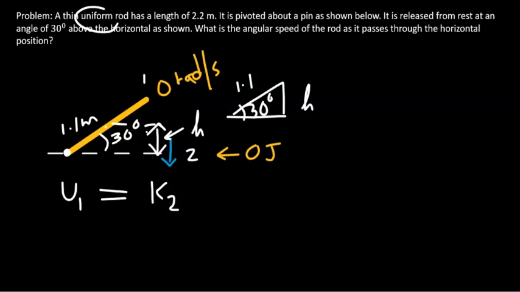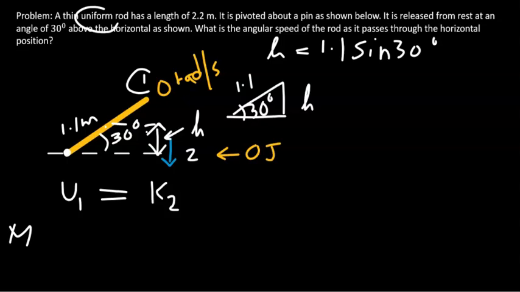So you see that h is 1.1 times sine 30 degrees. So gravitational potential energy when the rod is at position 1 is given by its mass times gravitational acceleration times h, which is 1.1 times sine 30 degrees.